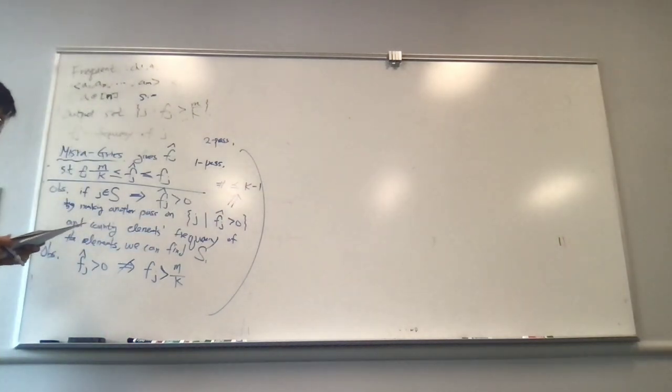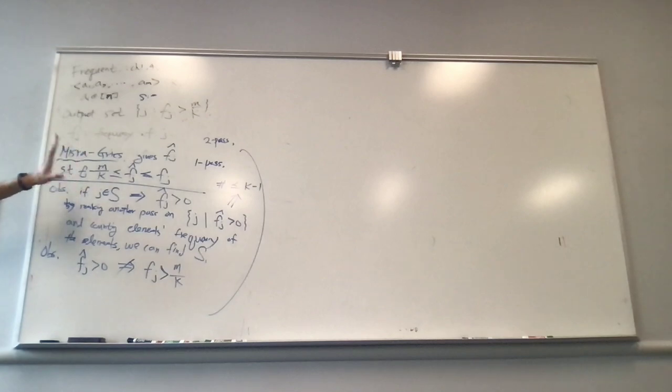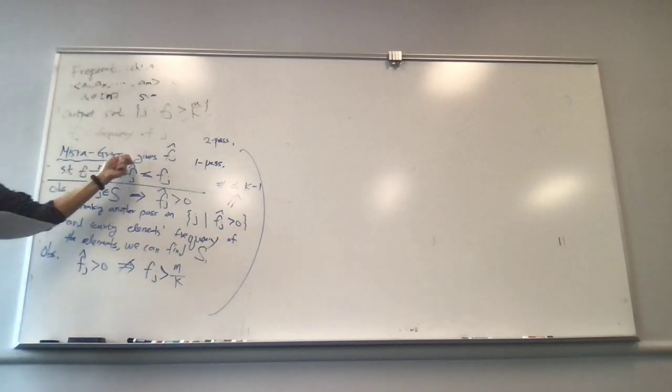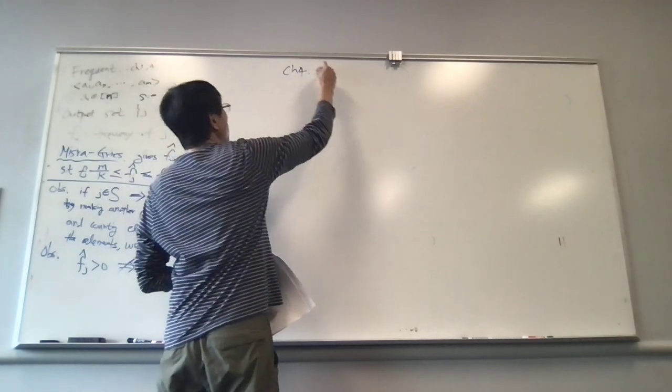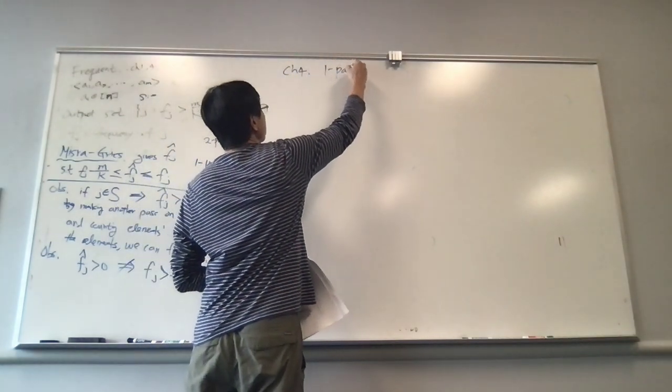Here we have a similar problem. We want to estimate this fj hat for frequent elements. That's the same goal, but now in chapter 4 we want to have a one-pass algorithm.